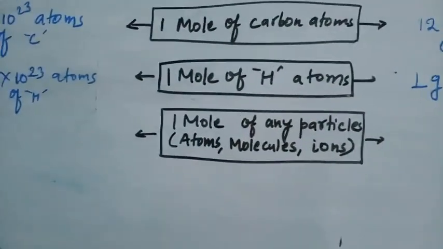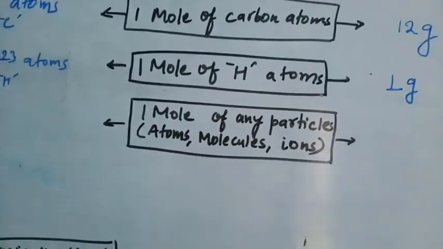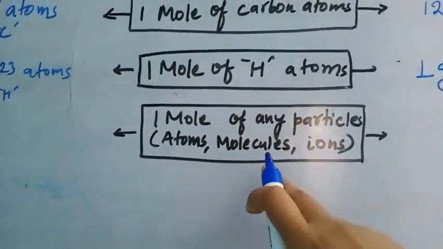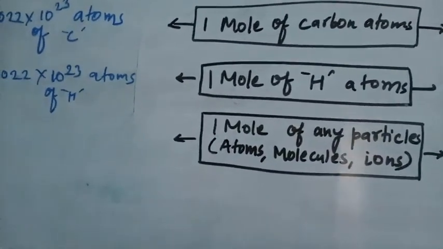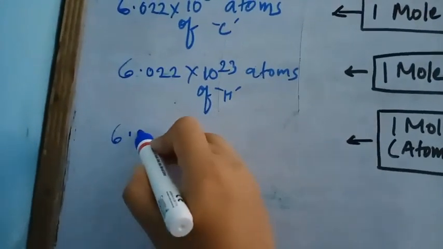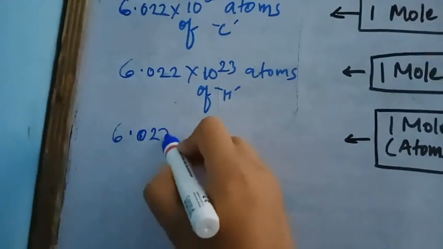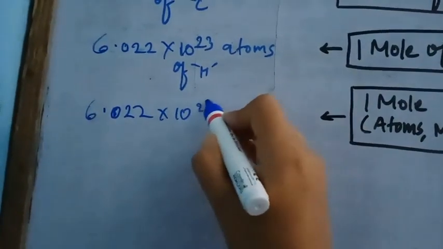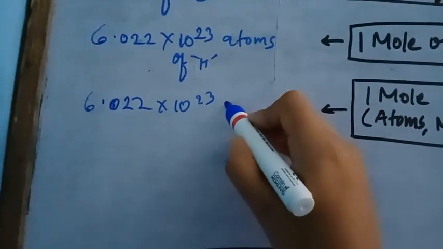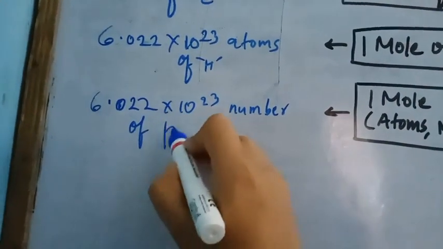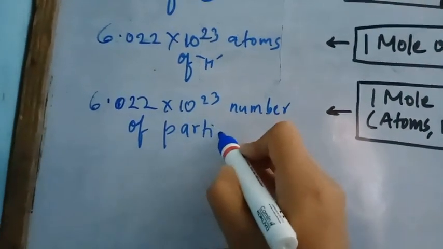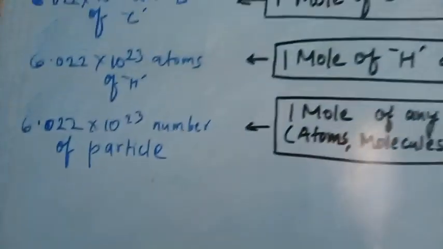Similarly, 1 mole of any particles, either atoms, molecules or ions, contains 6.022 into 10 to power 23 particles, that is number of atoms or number of molecules or number of ions.